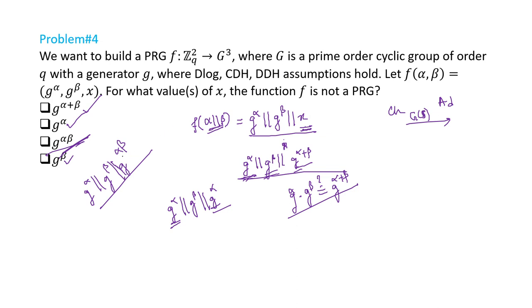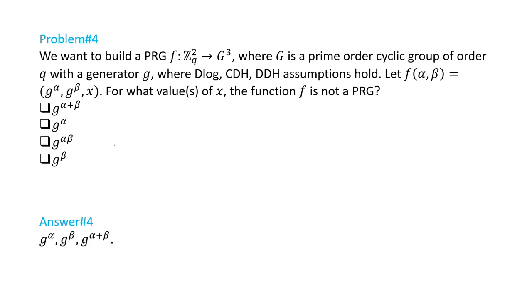By the DDH assumption, g to the power alpha beta is indistinguishable from a random group element, so this remains indistinguishable from a random string. So only for this it remains a PRG output, otherwise it is not. The question asked for what values of x the function f is not a PRG. So for all these three cases it is not a PRG.